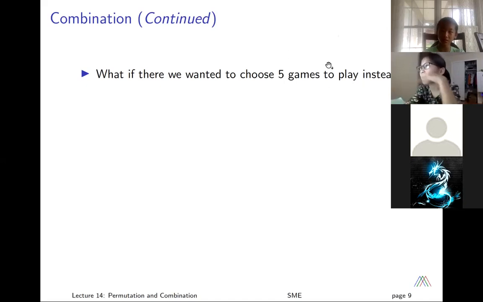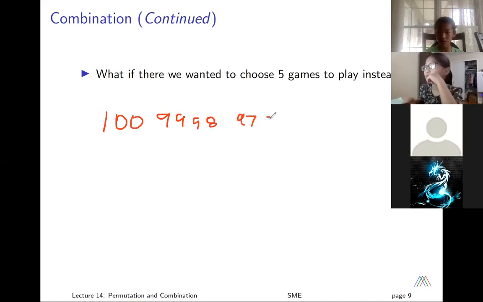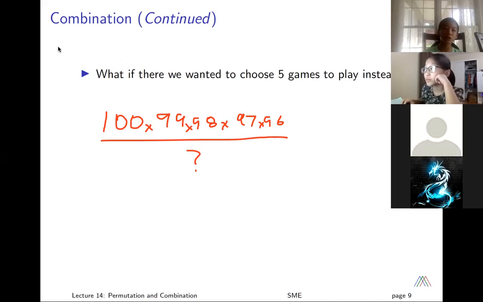I'll give a hint here. If you cared about the order, you would have 100, then 99, 98, 97, and 96. You would multiply all of these together, right? But then you have to make up for the fact that there's no order, so you have to divide by something here. The main question is, what is this something? I'll give you guys a bit more time to think about that.